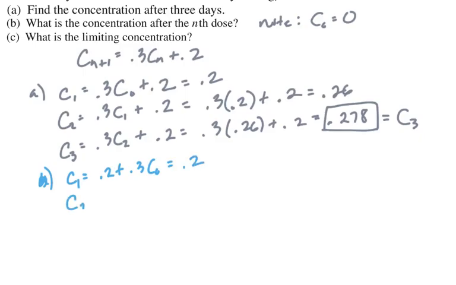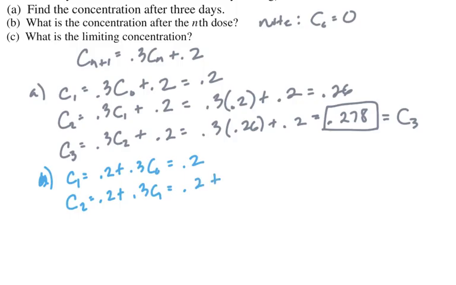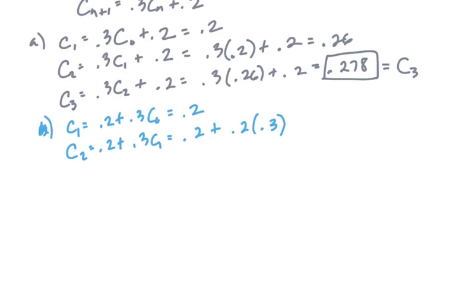And then C2 is 0.2 plus 0.3 C1. So this would be 0.2 plus, now we're going to leave the 0.3 in it, so let's say 0.2 times 0.3. And I know I switched them, but that's called the commutative property, and it's allowed. Now we know this equals 0.26, but we're looking for the pattern on this one. So let's say C3 is 0.2 plus 0.3 times C2.